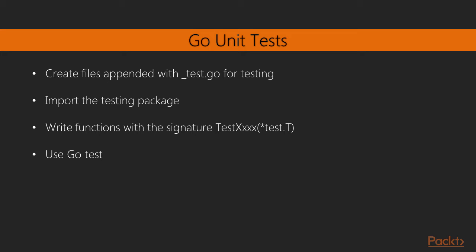Second, we import the testing package inside our test file. We then write functions inside our testing files that will start with the word Test and will take the testing.T pointer as an argument. Those will be our unit testing functions. Finally, we will use the go tool with the test command to run our tests.